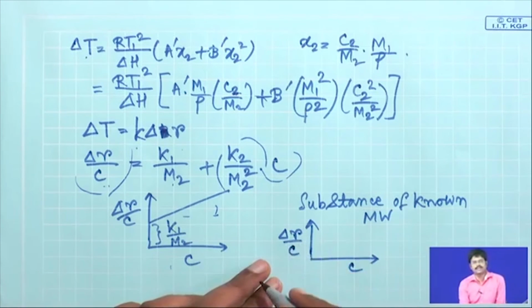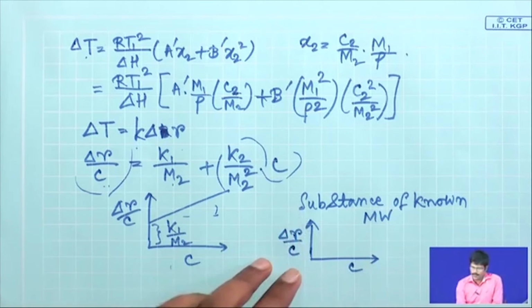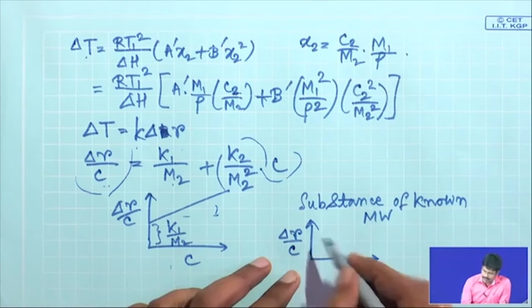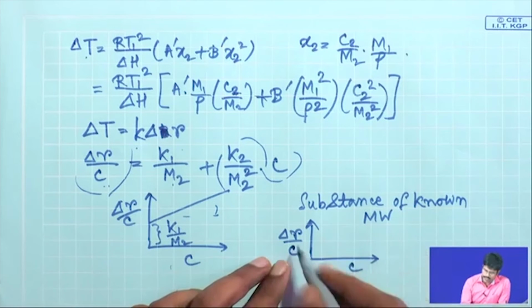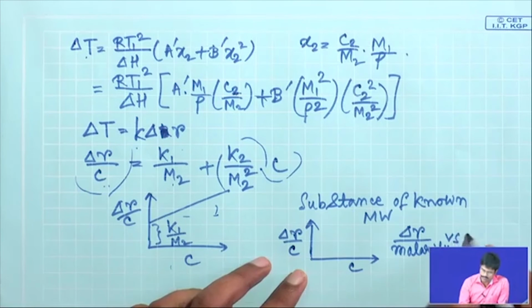So, you plot that as a function of C, and basically you are plotting delta r divided by, say, molarity versus molarity.